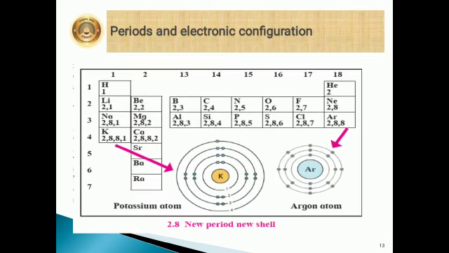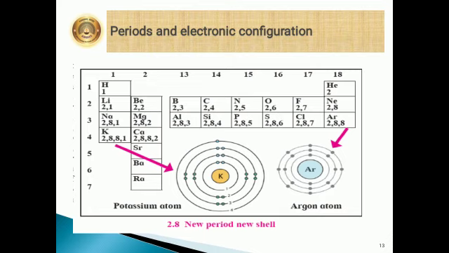Now look at the new period, new shell. If you see the example given in the slide, you will observe that from group 1 to 18, everywhere 1 electron is increasing. For example, lithium 2 and 1, because the atomic number of lithium is 3. Beryllium, the atomic number is 4, so 2 and 2.